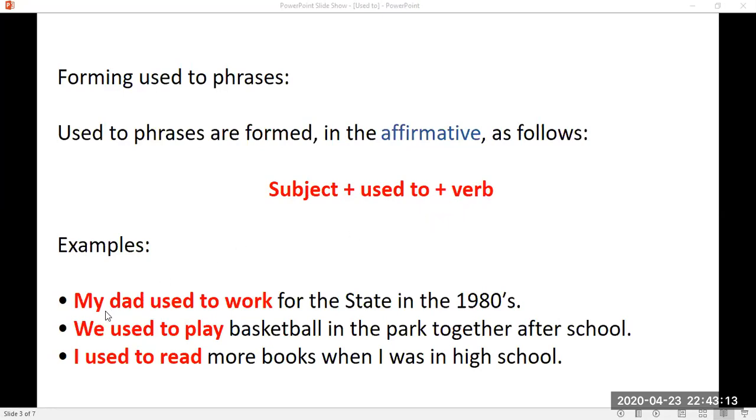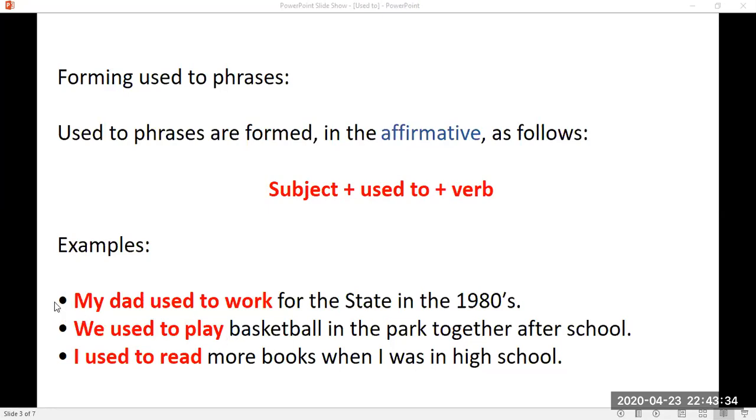Look at these examples. My dad used to work for the state in the 80s. We used to play basketball in the park together after school. I used to read more books when I was in high school.